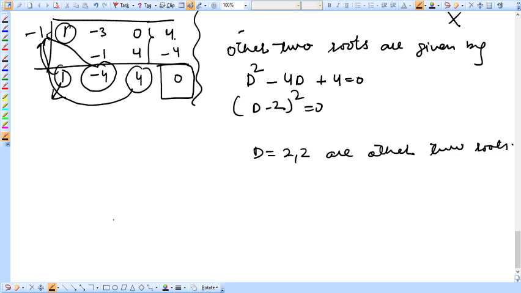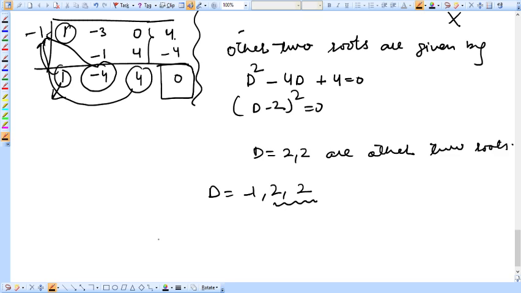So it has 3 roots, which are the roots of the given differential equation. You see this 2 has been repeated 2 times, right? So case 2 comes into the picture.